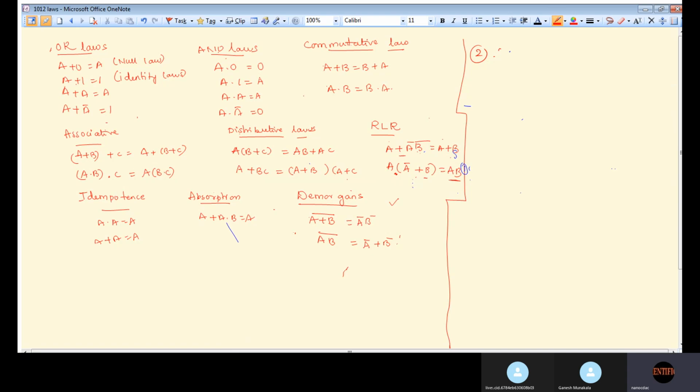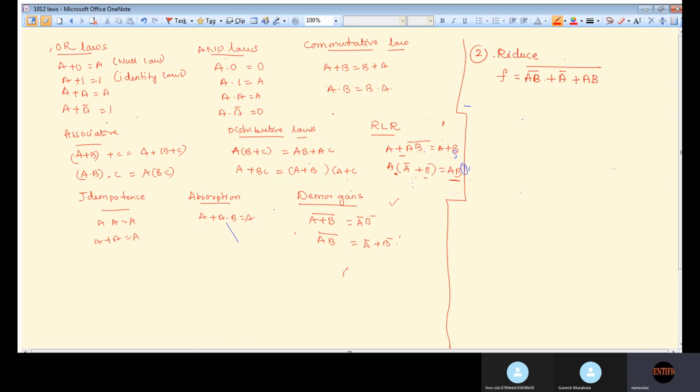Third question is, now I'm not asking you to demorganize. Here you have to reduce the equation. Reduce F is equal to AB bar whole plus A bar plus AB whole bar.